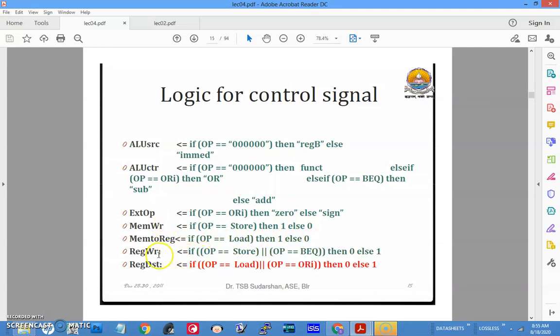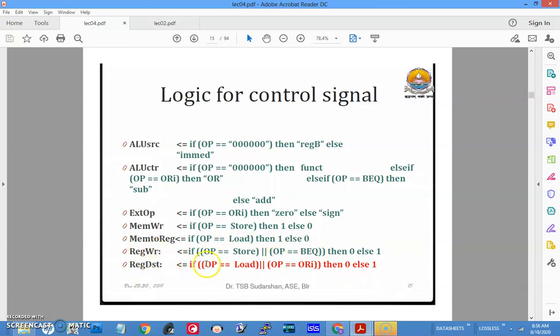Likewise, there will be a register write, except in the case of a store word instruction and also in the case of a branch instruction, where it is 0, else it is 1. For store word, we are not writing into the register and there is no access to the register file for writing, so it is 0.